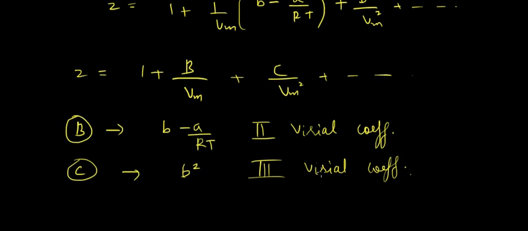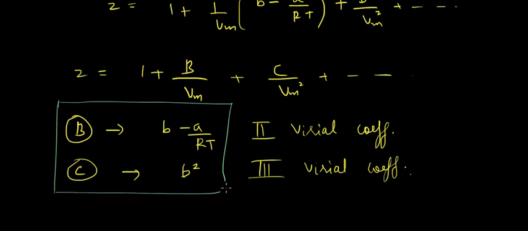So just remember this. Some of the questions may be asked on top of this, wherein you have been given the value of second virial coefficient or capital B, and the value of third virial coefficient or capital C, and you have been asked to find out the values of a and b, and using the same you have to find out some more things, like what is the pressure when volume is given and temperature is given of a real gas.